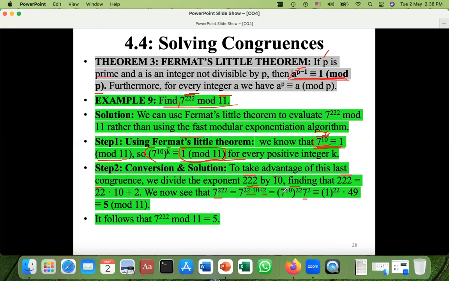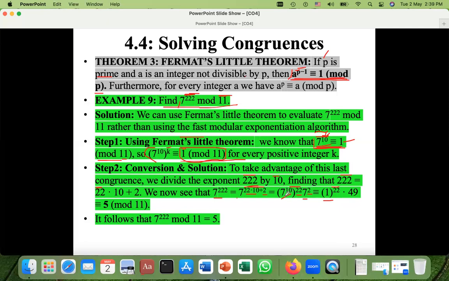So with this 7 raised to the power 10, we have added this power 22, and then this 2. So you have to add it also here to make this congruence equal. So that's why this one we have added, it was just 1. So that's why we are writing 1 to the power 22 also on this side.